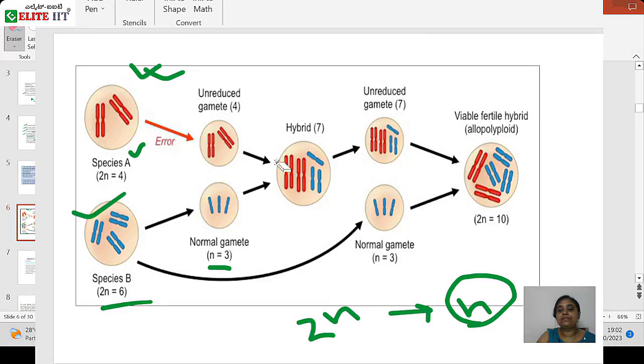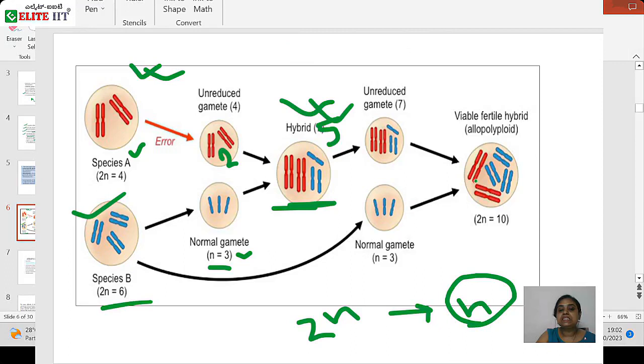After fertilization, this 4 plus 3 combination will be there in the hybrid. But in the normal case, it should be n, so 2 from species A plus 3 from species B, which should be 5 in the normal case.